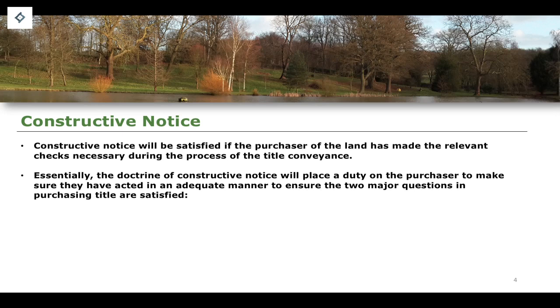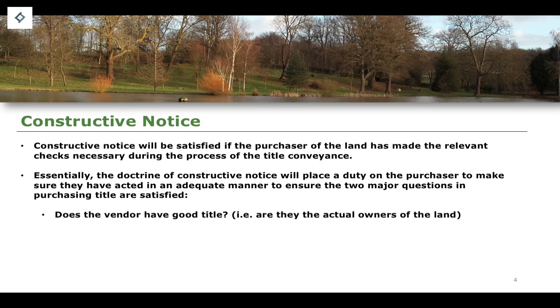Essentially, the doctrine of constructive notice places a duty on the purchaser to make sure that they have acted in an adequate manner to ensure the two major questions in purchasing title are satisfied. So the first question, of course, is, does the vendor have good title? I.e., does the person who is selling the land have the title to actually be able to sell the land? Are they the actual owners of the land?